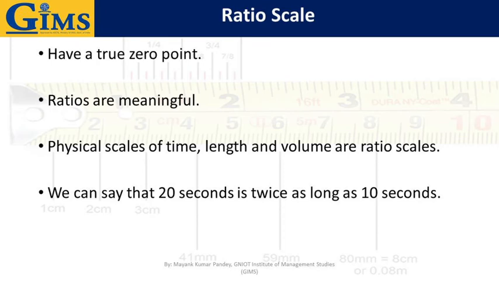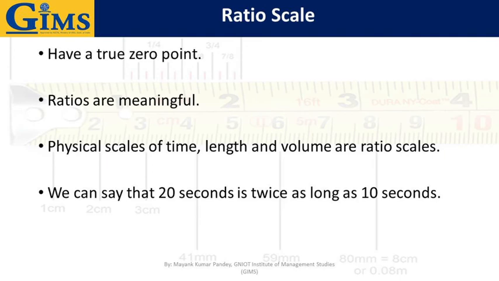We can say that 20 seconds is twice as long as 10 seconds. Why? Because the measurement of 10 seconds starts from 0. So 0, 1, 2, 3, 4, 5, 6, 7, 8, 9, 10. Similarly, if we have 20 seconds, it again starts from 0. Then only do we come to know that this is 20 seconds.